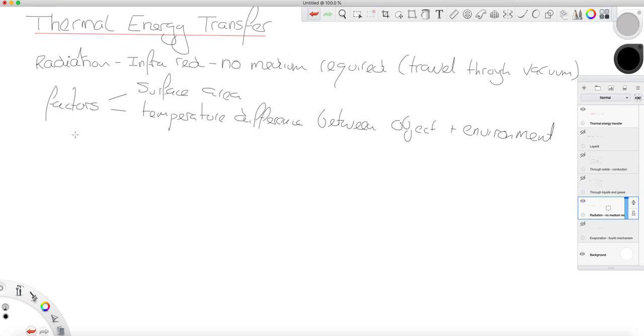The thing is, your object is absorbing radiation, infrared, from the environment. You sit in the room and the room is supplying you with infrared, but you are also emitting infrared.